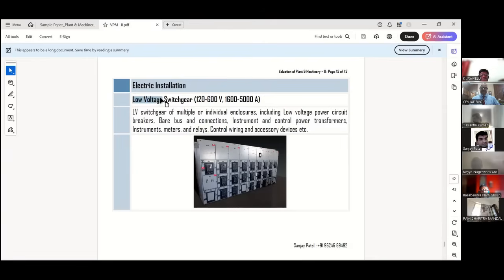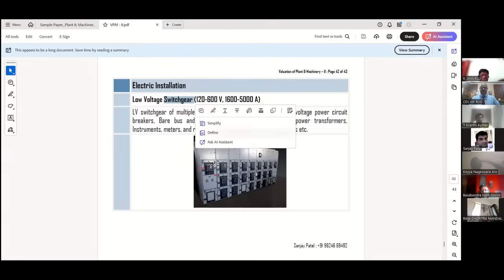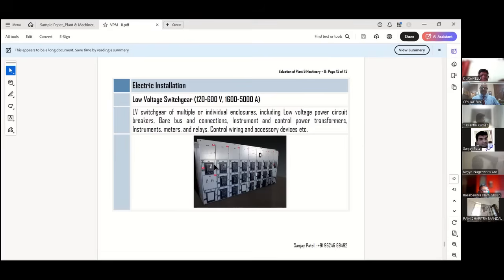So आपके जो switchgears होते हैं, normally you will not find the operating switches. यहाँ पे its work will be as a regulator, which have circuit breakers, instrument transformers, meters, relays, control wiring, and other accessory devices.